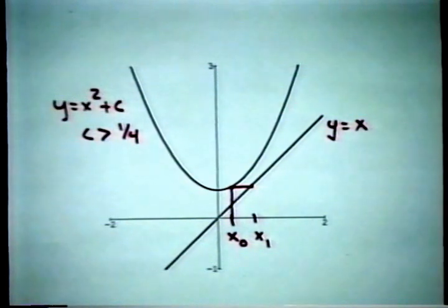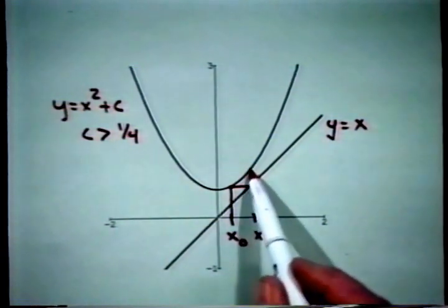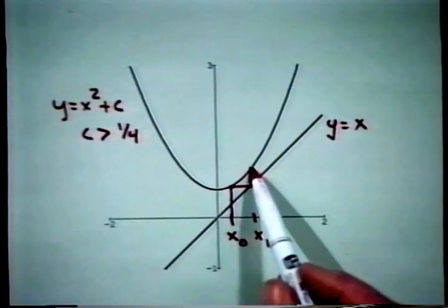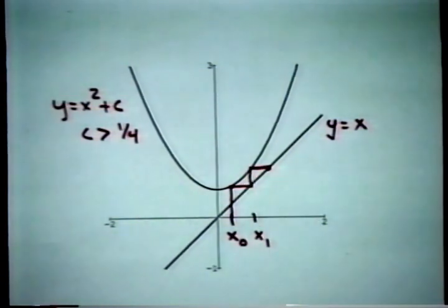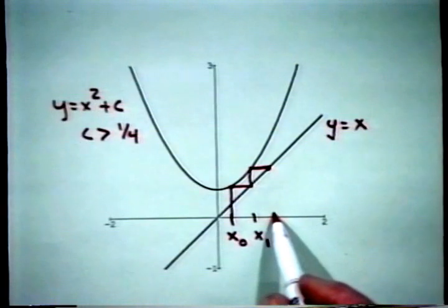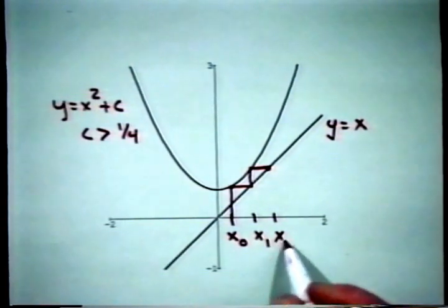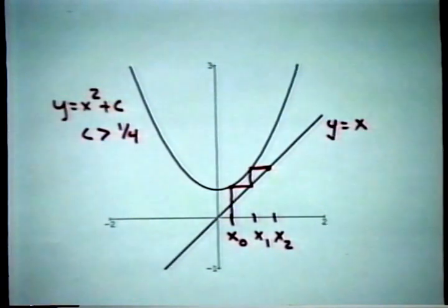Now, how do I get the next point on the orbit of x naught? Well, I repeat that process. I compute x1 squared plus c by going vertically to the graph, and then I project horizontally to the diagonal, reaching the point directly over x1 squared plus c, which is nothing but the next point on the orbit. And then I continue.